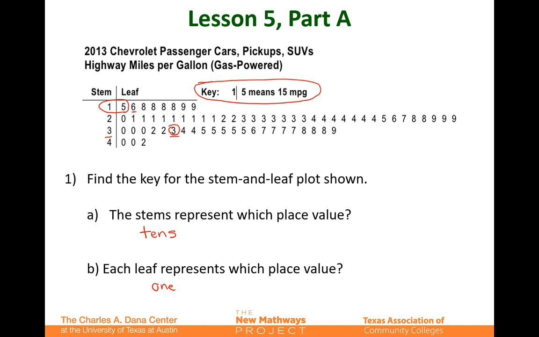You'll notice that there's a lot of some numbers and there's only a few of others. There's only one vehicle that gets 42 miles per gallon. There are a lot of vehicles that get 21.